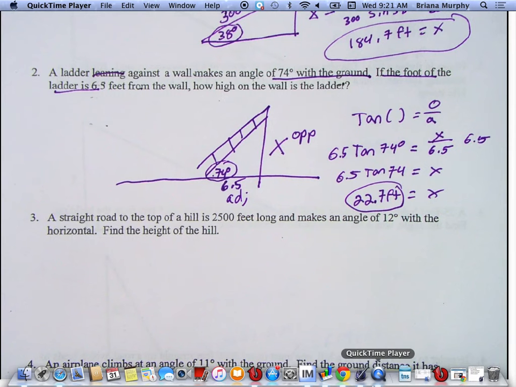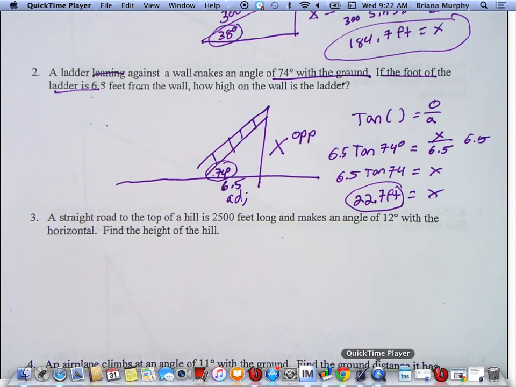Part where are you going down here on your road? Okay, so you're going to draw a triangle where your road is going up a hill, 2,500.